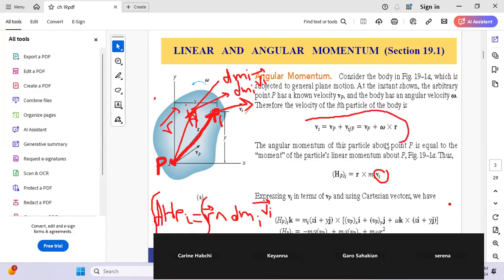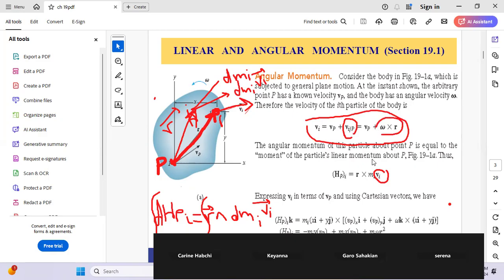So Vi is the velocity of point P plus the velocity of I relative to P. And we know that when the two points are attached to the rigid body, and we consider a translating frame at origin P, the relative motion of I with respect to P is rotation, because the distance between P and I is fixed. So the relative velocity between the two is omega of the rigid body vectorial r.